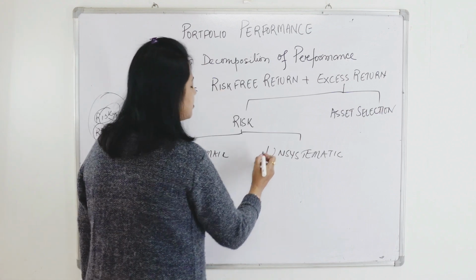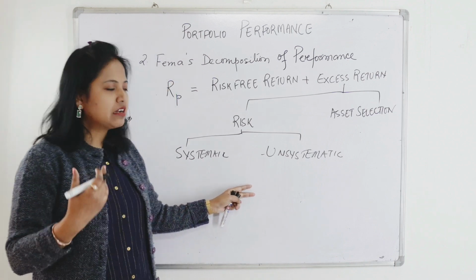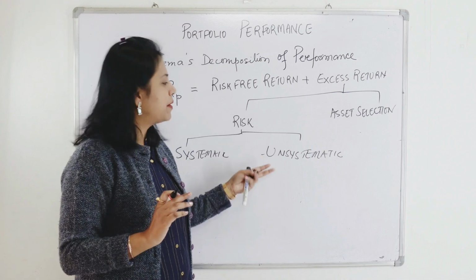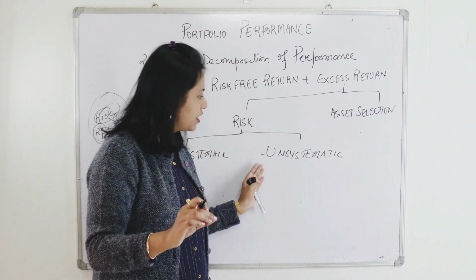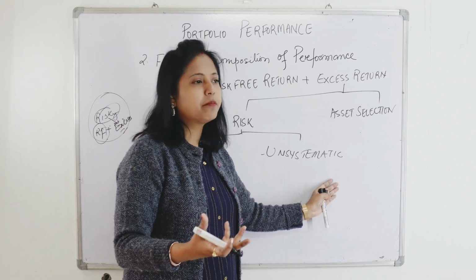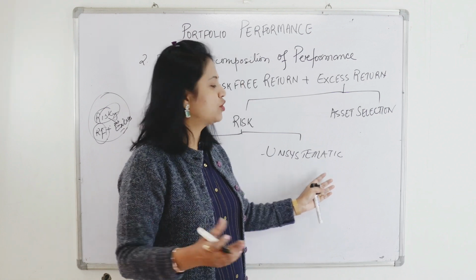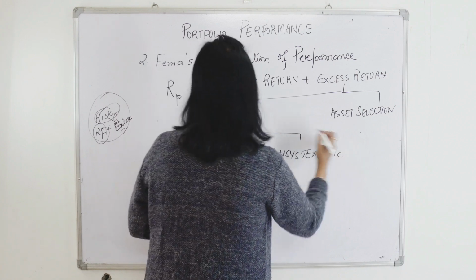But what about unsystematic risk? Though in the literature of finance we believe that unsystematic risk can be diversified and there is no risk as such, in reality there is of course some degree of risk with the unsystematic part also, because any portfolio cannot be diversified to 100%. So there is always a small degree of risk which remains. This is the unsystematic risk.